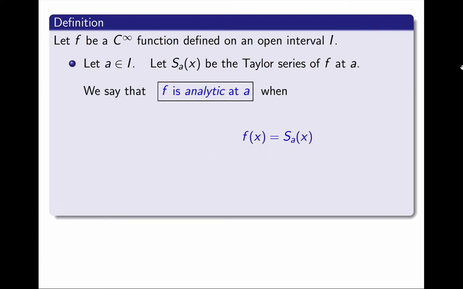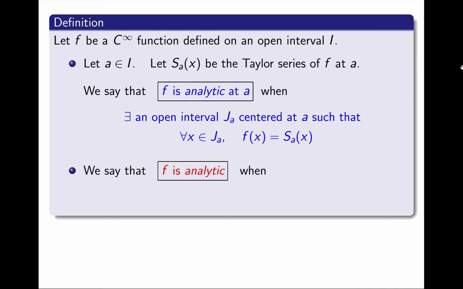I want to say when f of x equals S sub A of x, but for which values of x? For all values of x in some open interval centered at A. In other words, this means that the function and the Taylor series of the function centered at A are equal near A. That was the definition of analytic at A. If instead I say that f is analytic, and I do not specify a point, it means that f is analytic at all points in its domain.